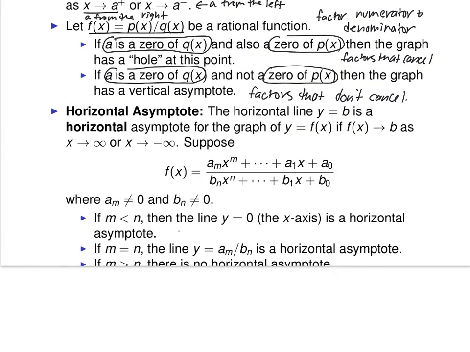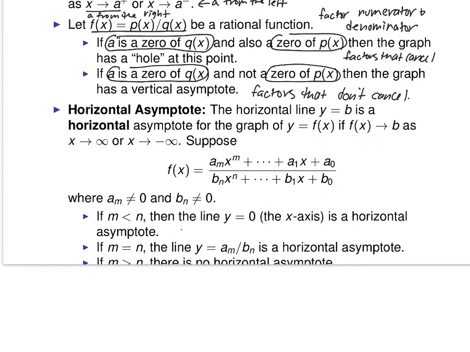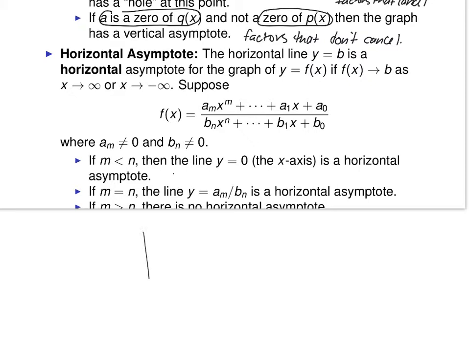And the last thing is horizontal asymptotes. So horizontal asymptotes are horizontal lines, right? If you think about a picture, that's kind of like the end behavior of the graph. Does that make sense? Like what happens as you go to the right, correct?